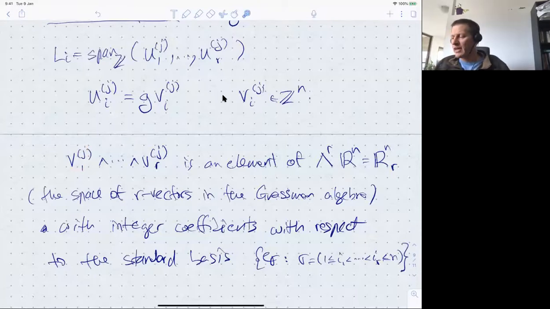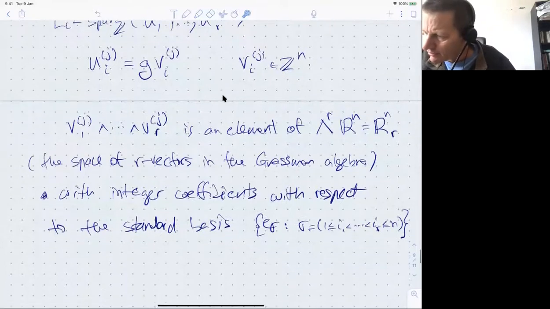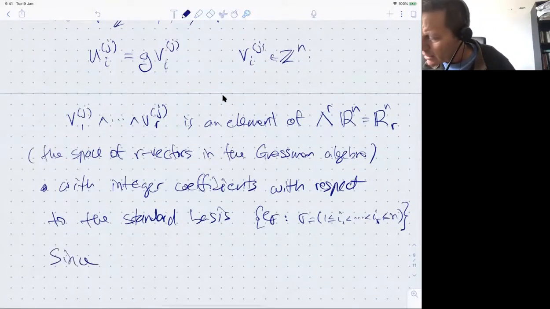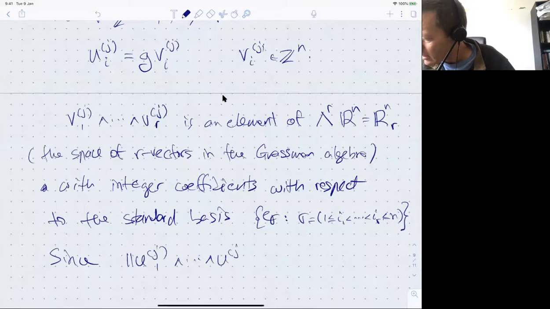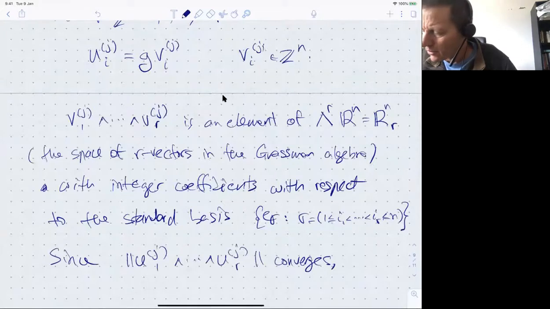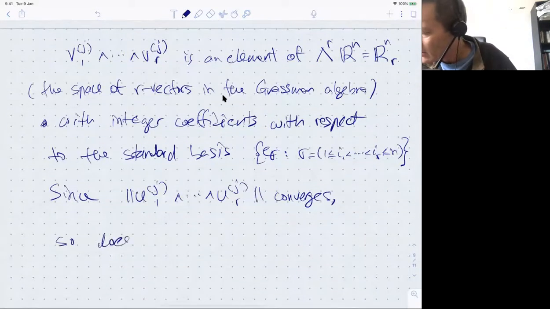And we had a formula for the coefficients of a linear combination involving minors, determinants of some minors. And so with respect to the standard basis, this exterior power has integer coefficients. Okay. Now since this thing converges, so does this thing.